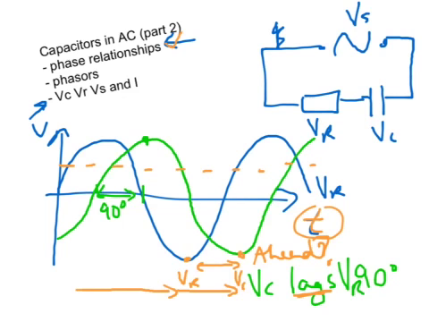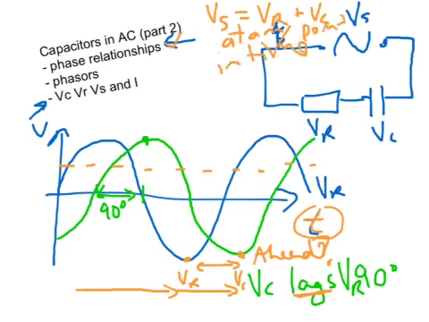Now, the trick of it is that the supply is still having to supply the voltage across each of those, so the supply voltage still equals the voltage across the resistance plus the voltage across the capacitor, and this is at any point in time. However, this is not true for RMS.